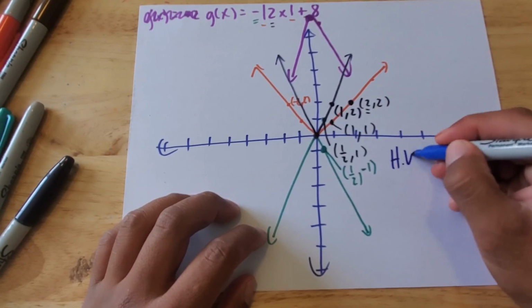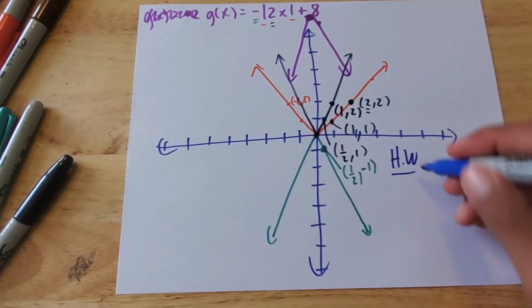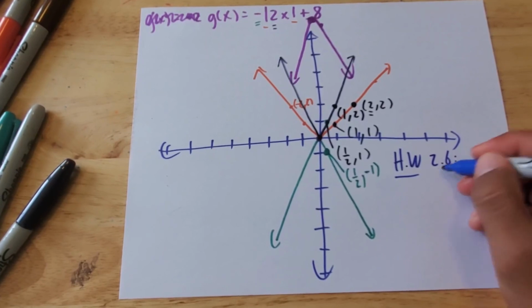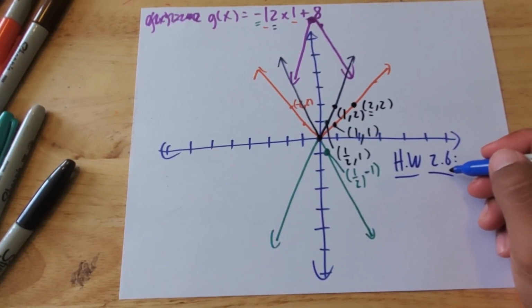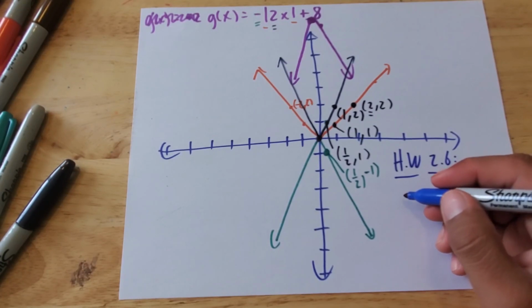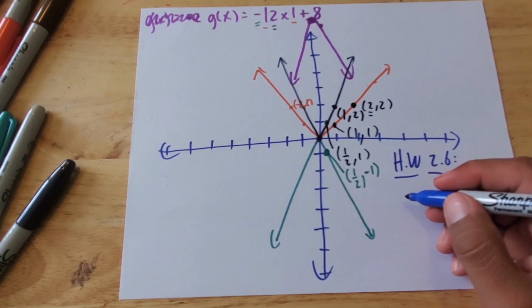But let me give you some homework for this section. So you guys have some practice with these graphs, doing some transformations. So for 2.6, let's do a couple examples I like here.